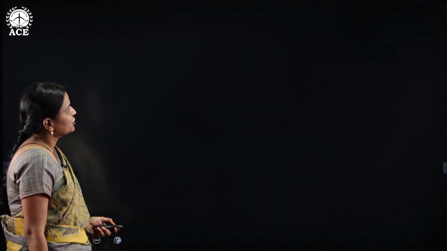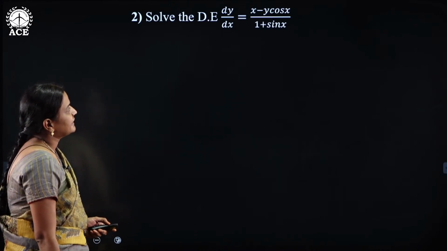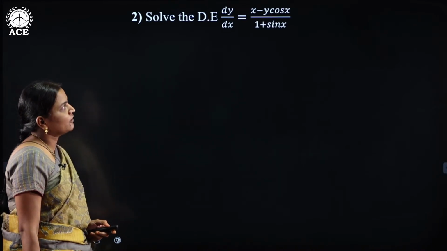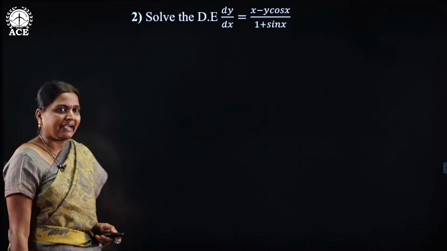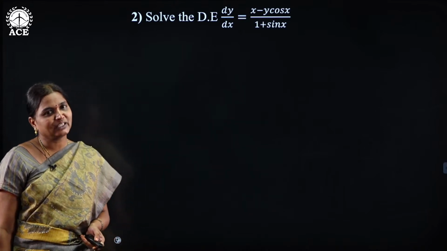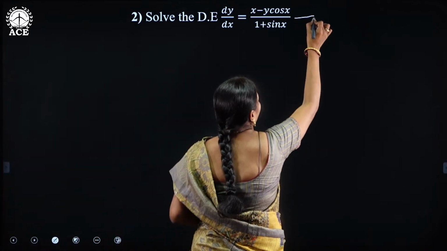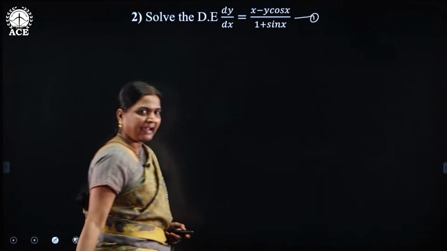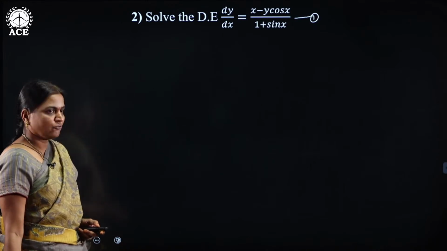Coming to the next question, solve dy by dx is equal to x minus y cos x by 1 plus sin x. So first write the given differential equation into the standard form. So first consider the given equation as 1. And what is our standard form? M dx plus N dy is equal to 0.